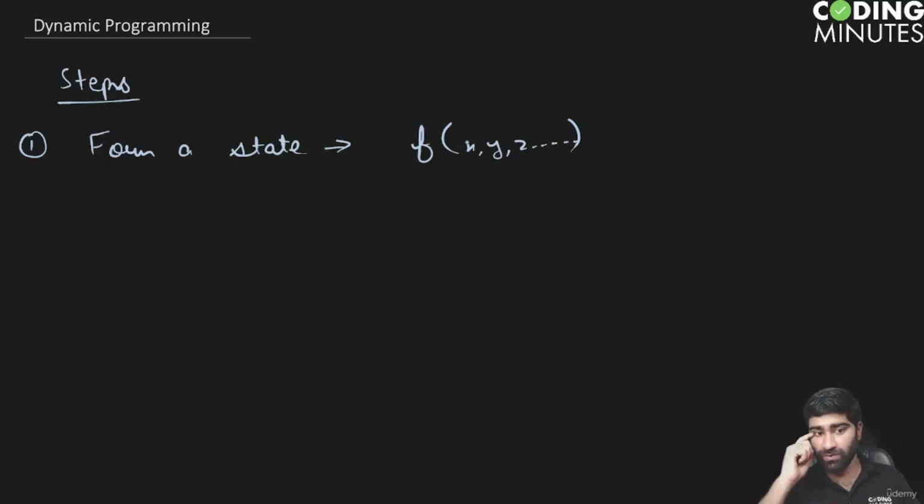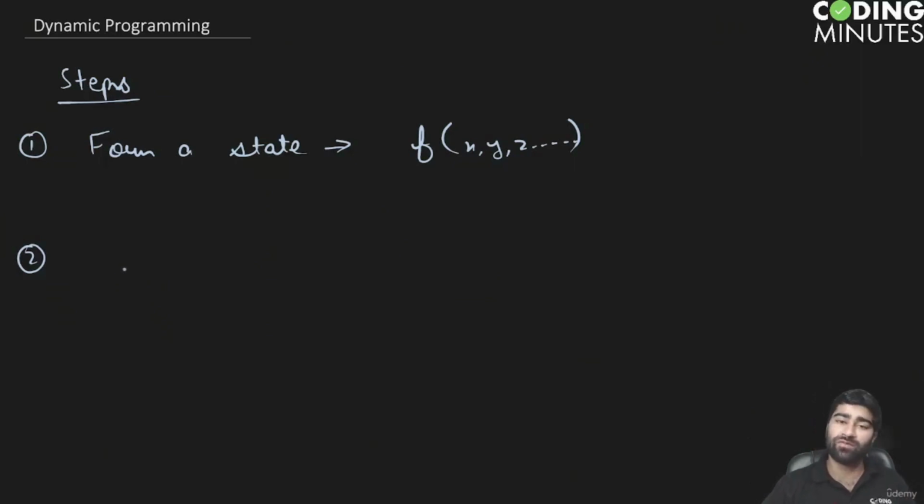So the first step to solving a dynamic programming problem is to form a state. Here we are forming a state which is f of x comma y comma something. The second step is finding the recursive relation. If I have a state f of something, then that state is dependent on how many states, or if it is dependent on some limited number of states, then how is it dependent?